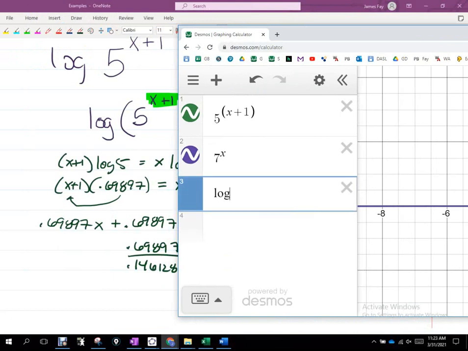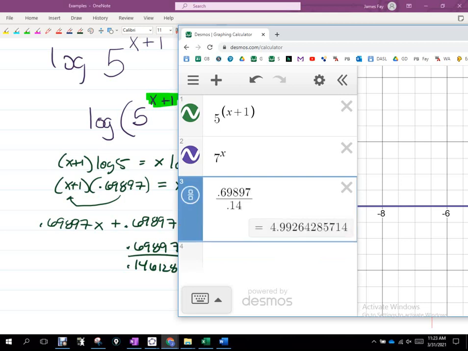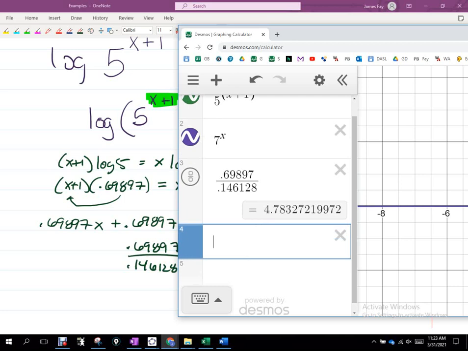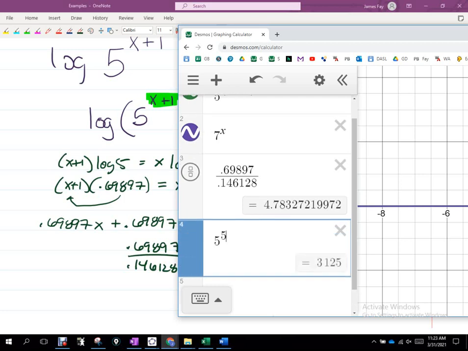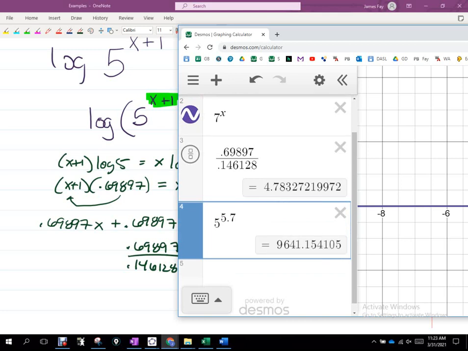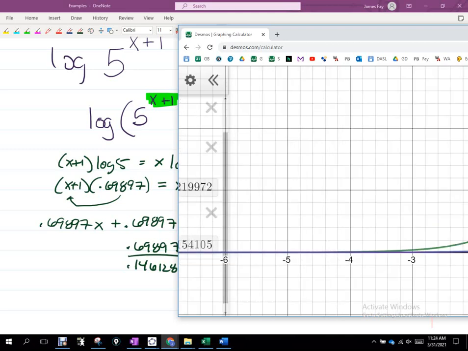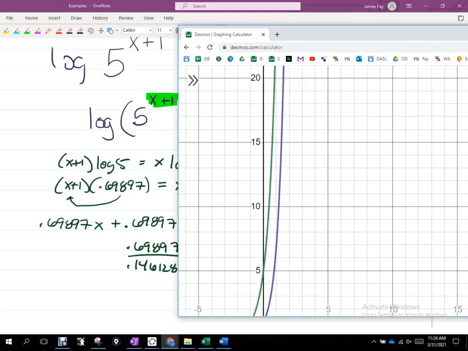Log. Yeah, 0.69897 divided by 0.1461284.7. So the x value is 4.78. So if I go 5 to the 5.7, I've got to get up to a pretty large number here, 10,000 on the y-axis to actually see this intersection.